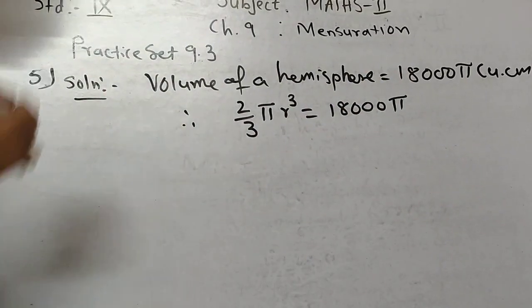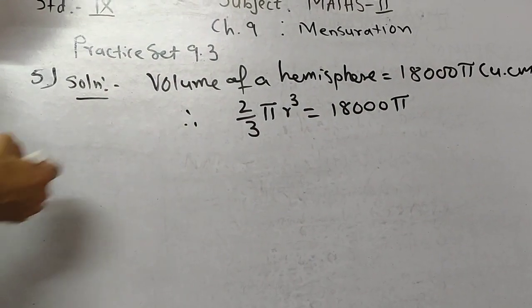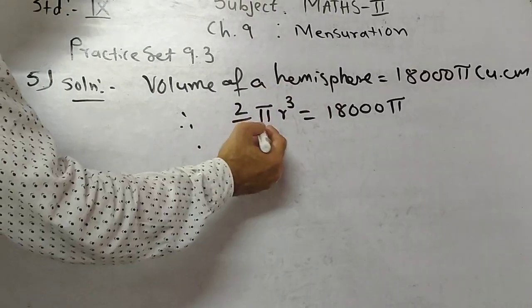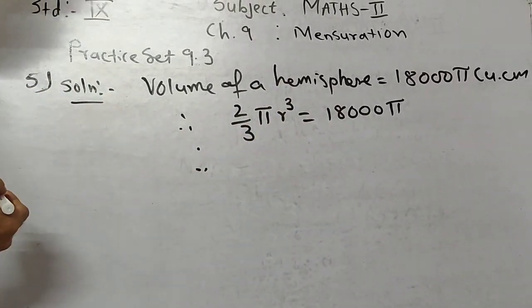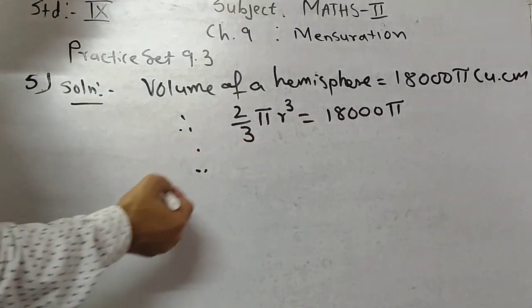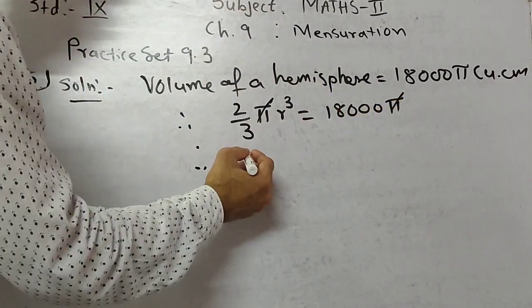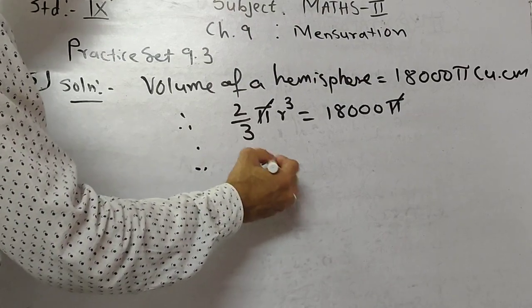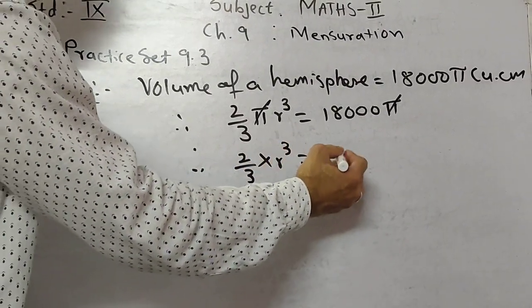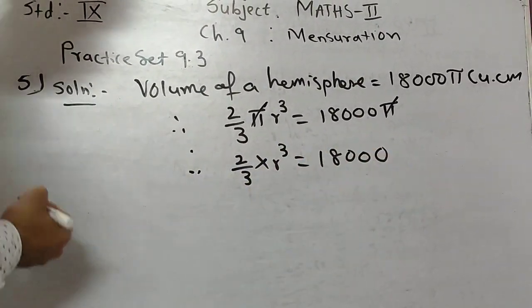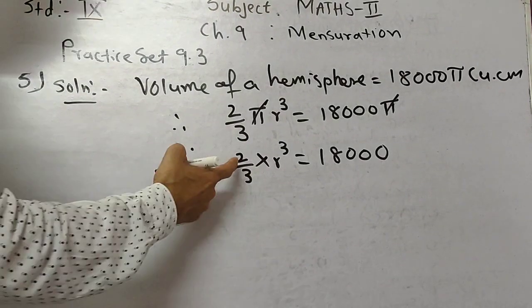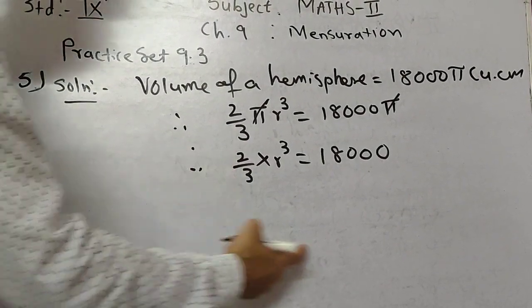cubic centimeter. So here you can see on both sides we have pi. So pi and pi will get cancelled. You will get 2 upon 3 into r cube is equal to 18,000. So now 2 upon 3 will go there.